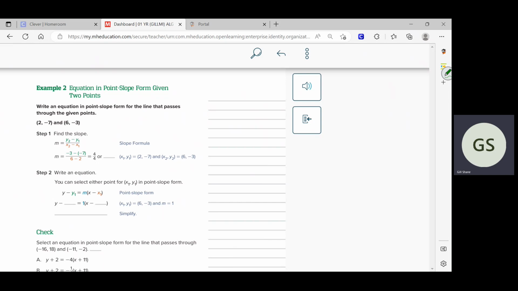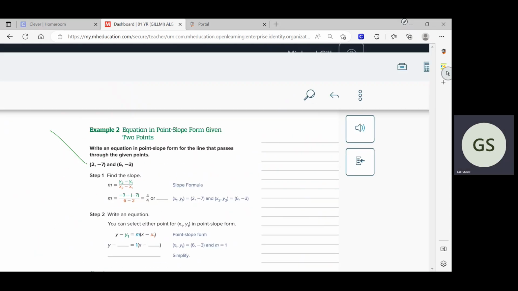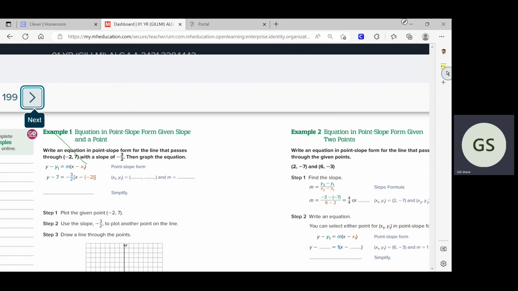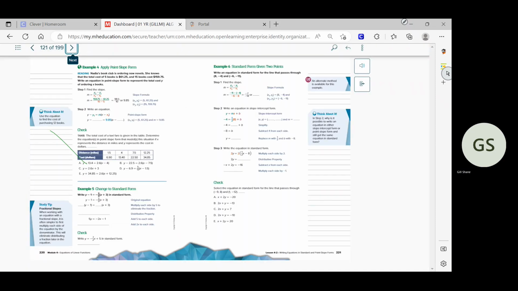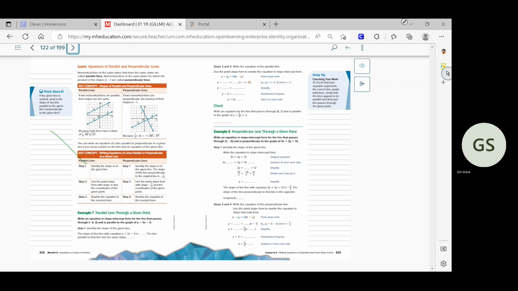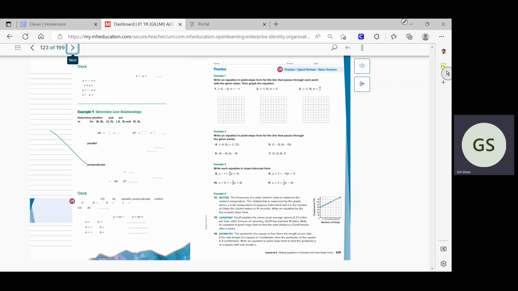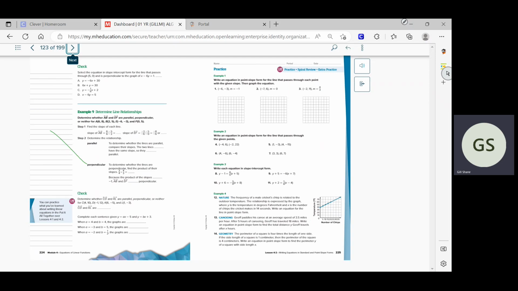We're doing the next piece. Whoop, didn't mean to do that. So let's see, what is the next piece on? What page? Not that page. So that's the part I'm skipping that we're not doing. Parallel and perpendicular. We may or may not come back to it.